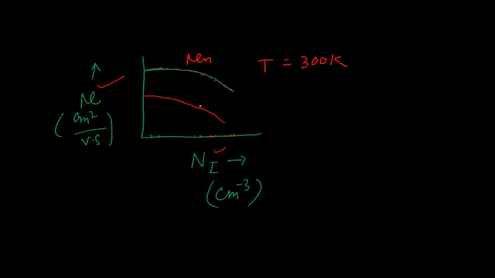So this shows how the mobility of the holes is affected by the impurity concentration. For the same impurity concentration, the electron mobility is a little higher than the hole mobility. This is the variation of mobility with respect to the impurity concentration added in an extrinsic semiconductor.